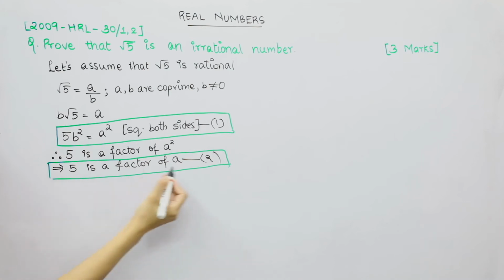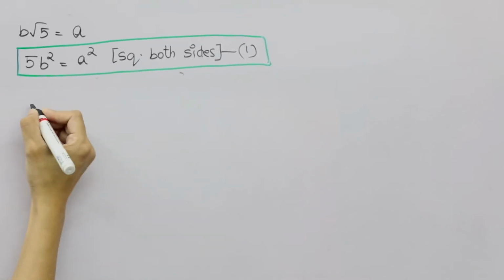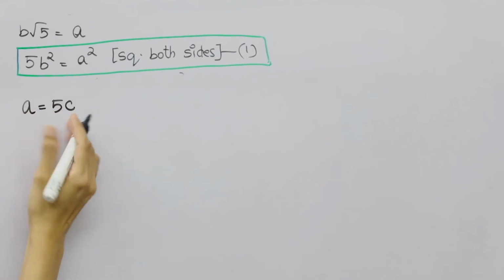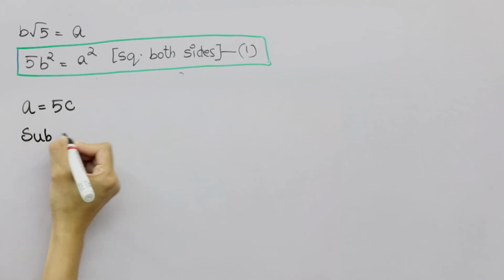Since 5 is a factor of a, there should be a number c such that a equal to 5c. Now let's substitute this value of a in 1.